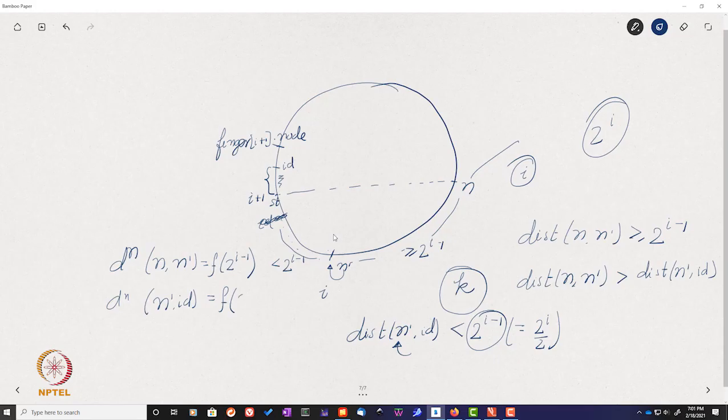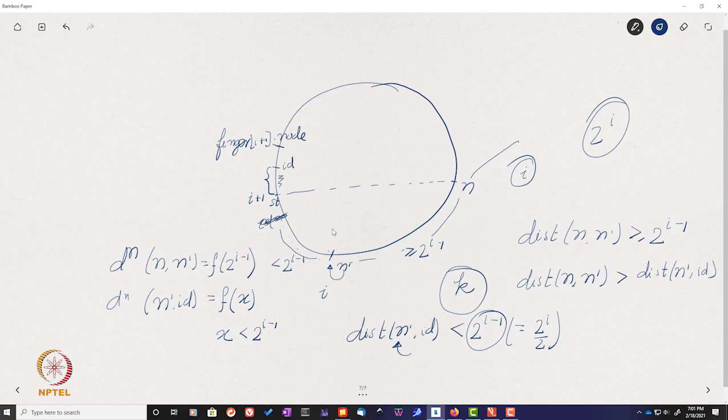of some number x, which will not really be the distance between n dash and id in the key space, because we know that a large part of it is devoid of nodes. So it will actually be some function of x, where x is basically this distance, which is less than 2 raised to the power I minus 1.